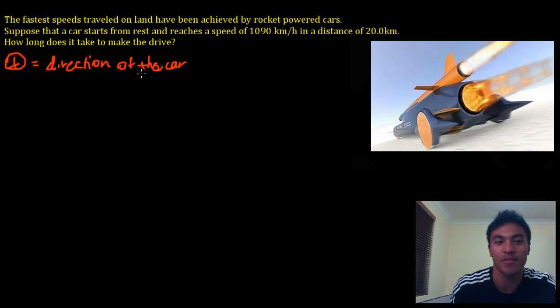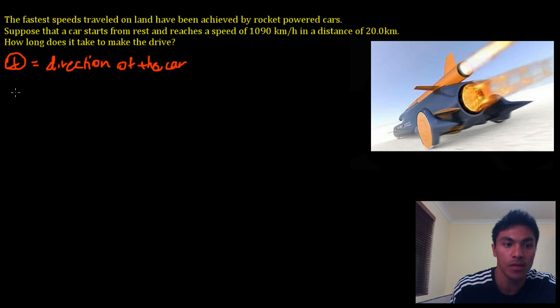Okay. The positive direction is in the direction of the car. Easy. All right. Let's have a look at what information we're given here.